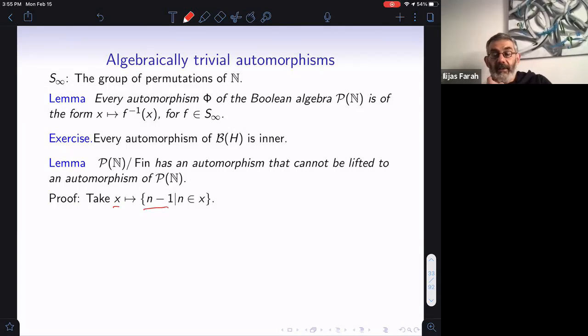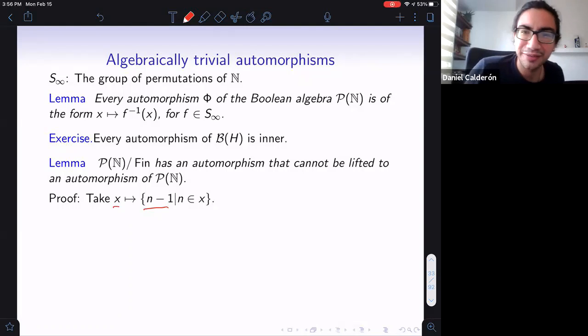Just look at conjugation by shift. This is lifted by a homomorphism of P of n, but not by an automorphism, because the kernel is going to be trivial no matter what. Let me know if there are questions.